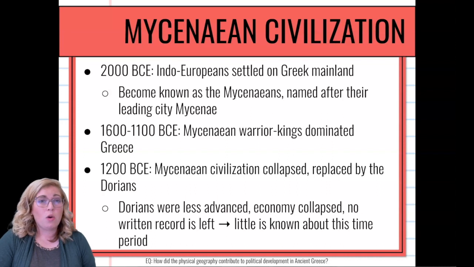So it's not quite reliable information when we have word of mouth, but some of these tales get passed down and have some truth to them. Some of them don't. But again, that's the importance of having a written record. It shows what happened, who did what, so that later generations can look back and reflect.